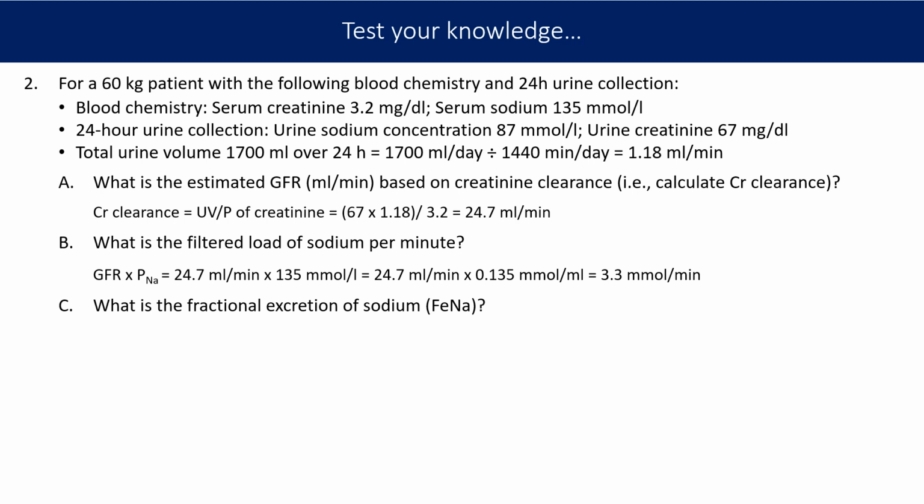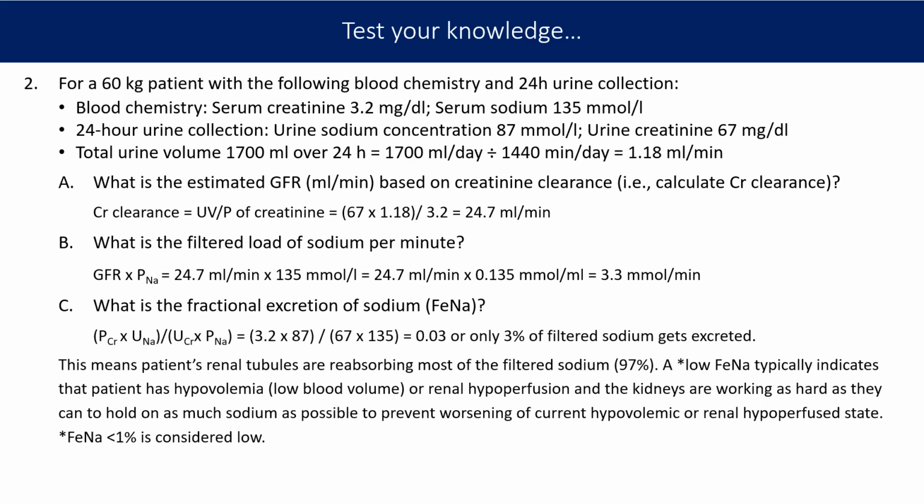What is the fractional excretion of sodium, or FeNa? Using our derived formula for FeNa, we get a FeNa of 0.03, or only 3% of filtered sodium actually gets excreted. This means patients' renal tubules are reabsorbing most of the filtered sodium. 97% of filtered sodium is reabsorbed, to be exact.